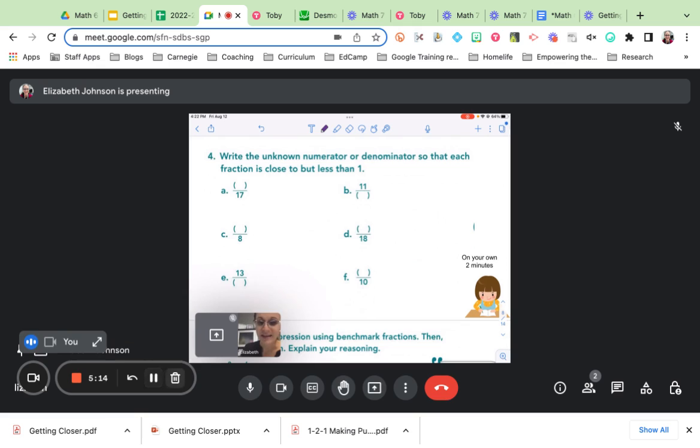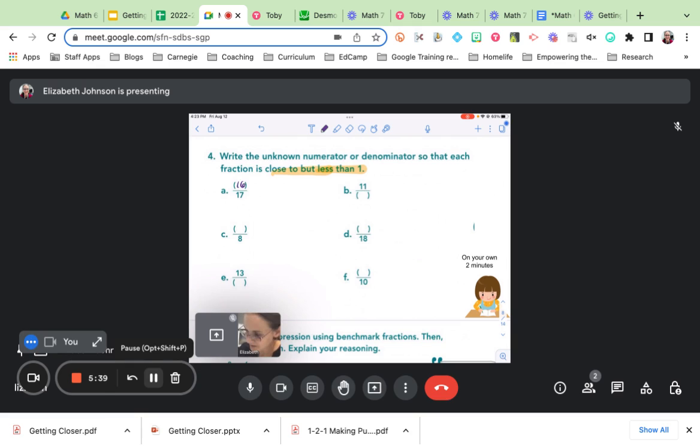On this activity, I want you to get started on your own. What you're looking for is a fraction that's less than 1, but very close to it. Close to 1, but a little bit less. Try this on your own. Set a timer for 2 minutes and hit play when you're ready to talk about these fractions. You've hit play, so that means you're ready to talk.